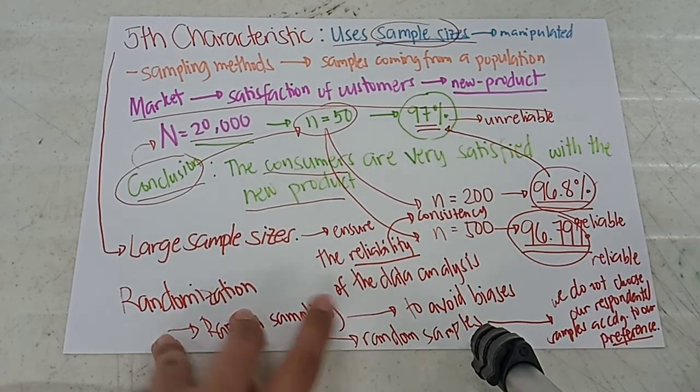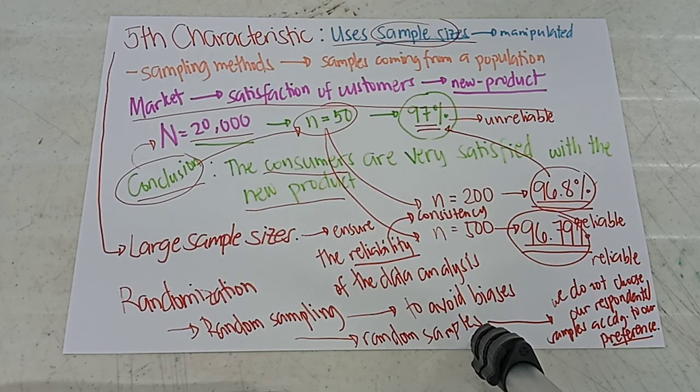There is no researcher preference. We only pick the samples randomly. So that is the main explanation behind the fifth characteristic of quantitative research.